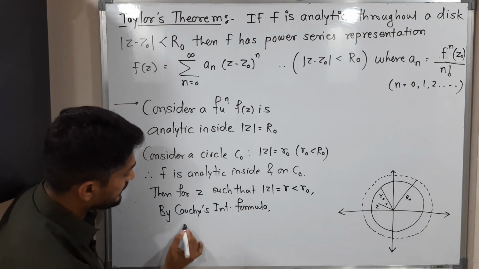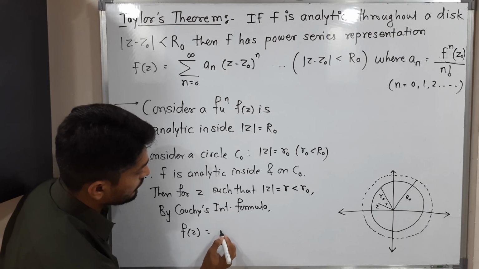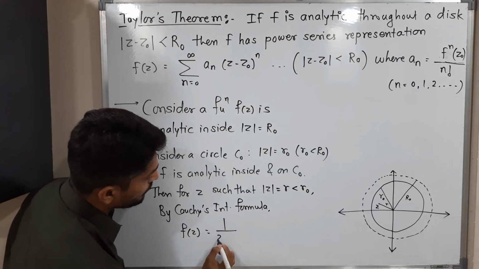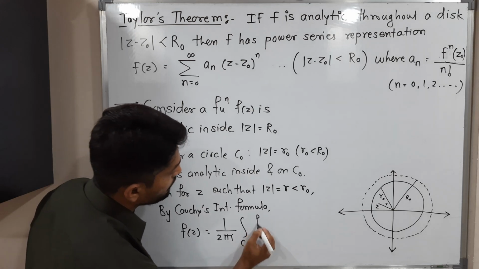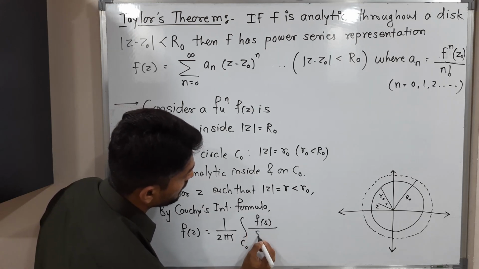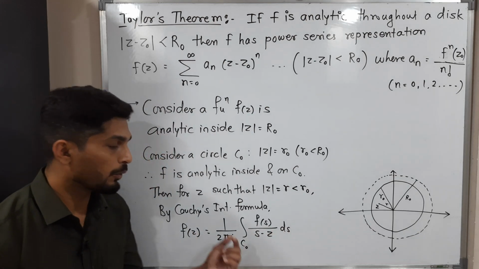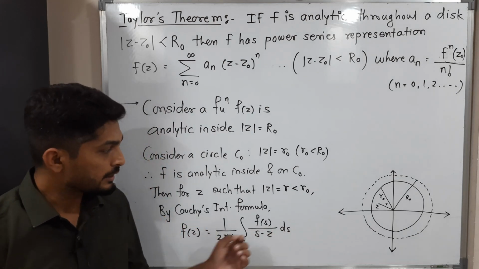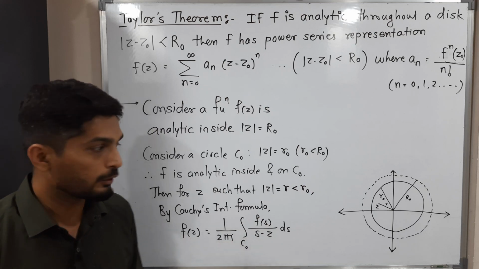That formula says f of z is equal to 1 upon 2 pi i integration over c naught f of s upon s minus z ds. Since I have chosen the point z, I have used a different variable s. So by Cauchy's integral formula we got this one.